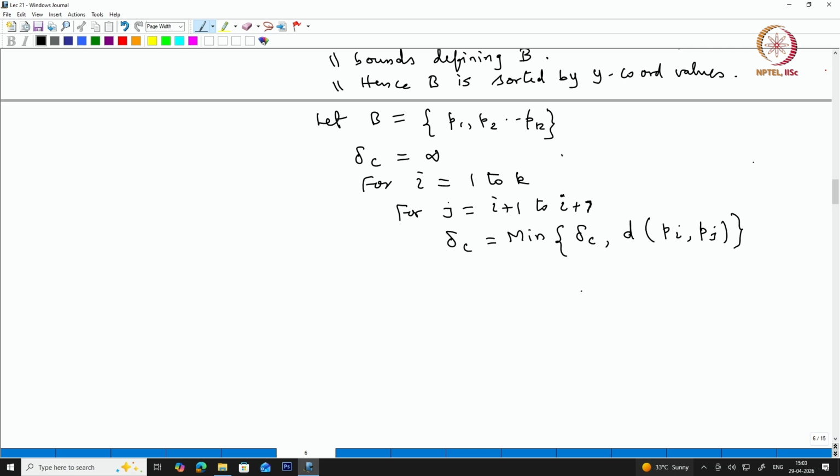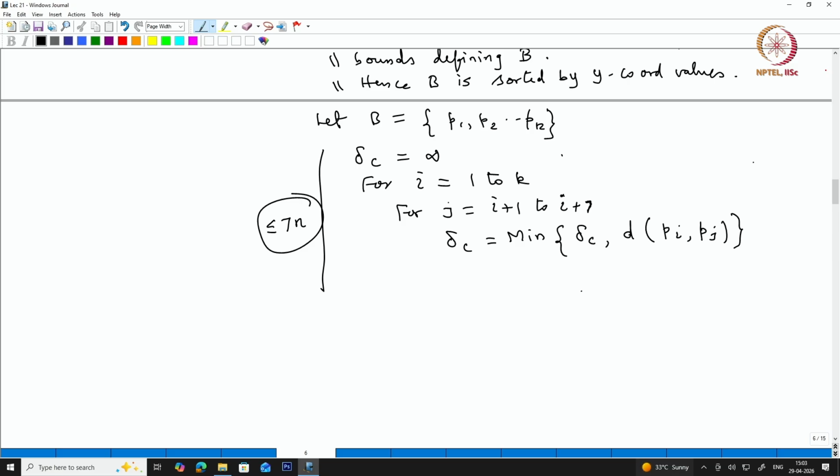Okay. By the time the loop is completed, for each point the distance would have been computed with all other relevant 7 points, and thereby the minimum would have been found. So, by the time these two for loops finish, you would have got delta C. Notice that the complexity of this loop is less than or equal to 7n, because per point you are only computing at most 7 distances.